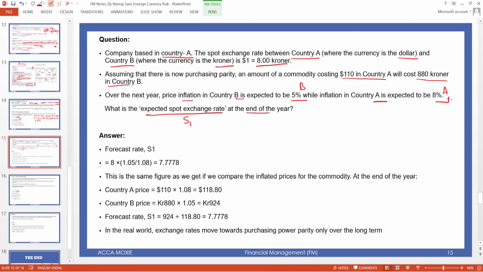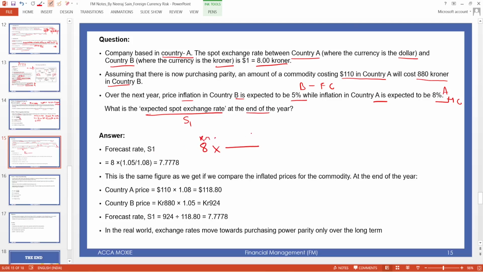A is our home currency. This is the foreign currency. So 8 is foreign, 8 is the krona.